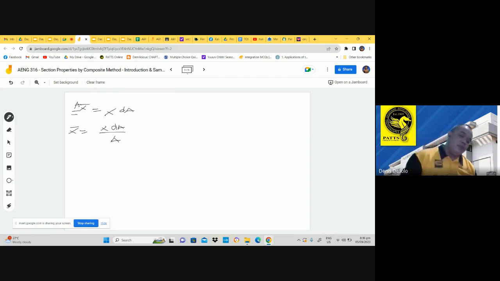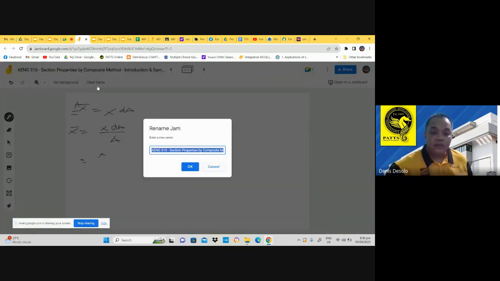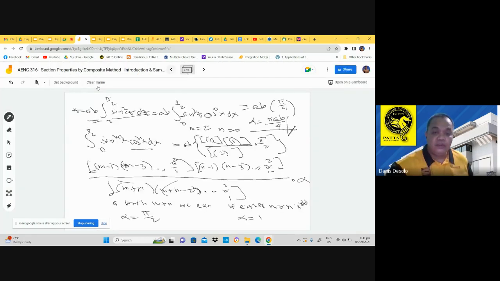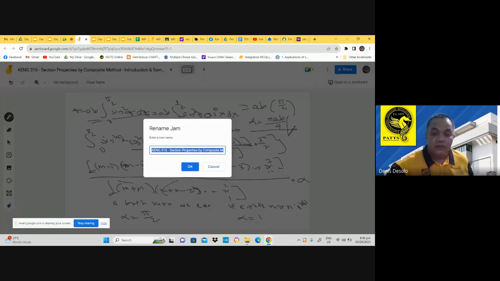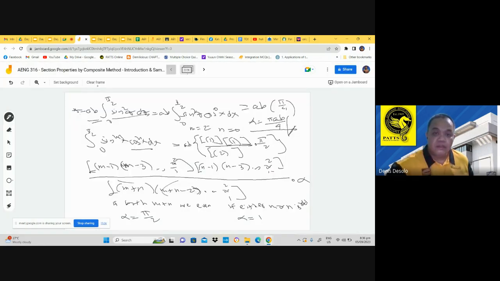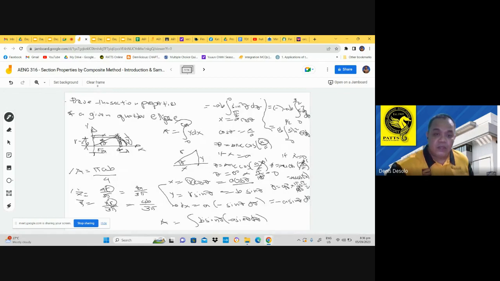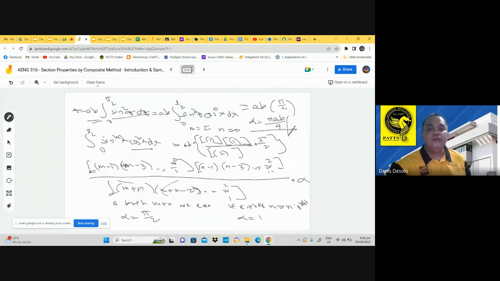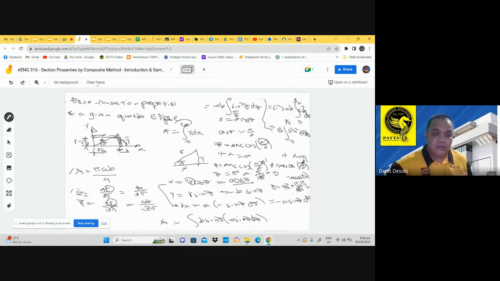Since we're repeating the process, for example, we already defined what is differential of A. Since I'm using a vertical element, as you can see, I'm using the vertical element.